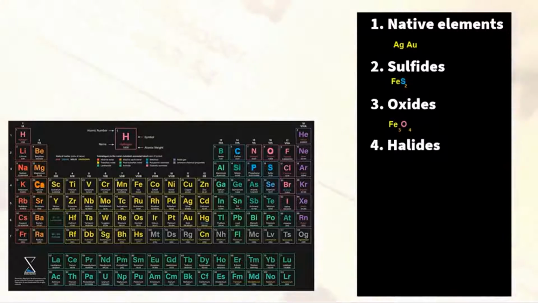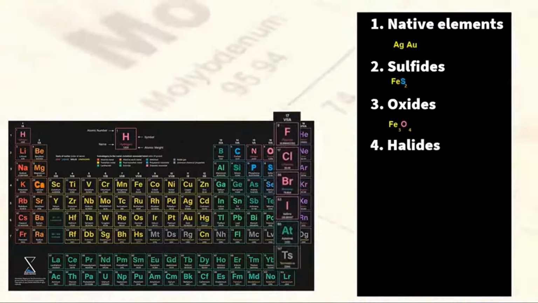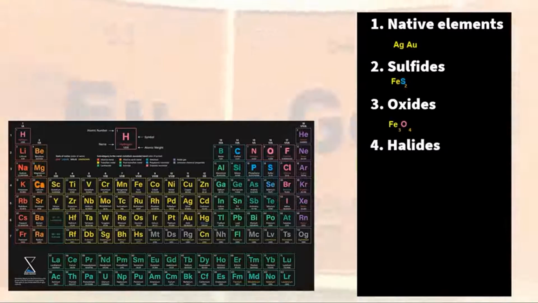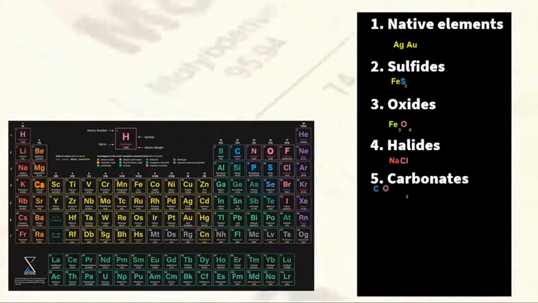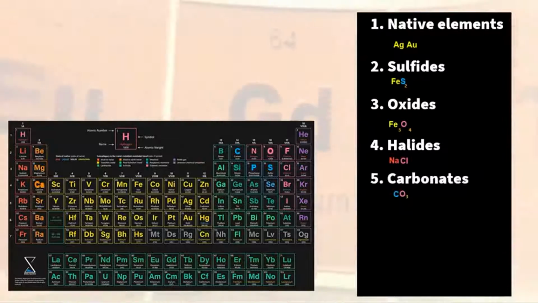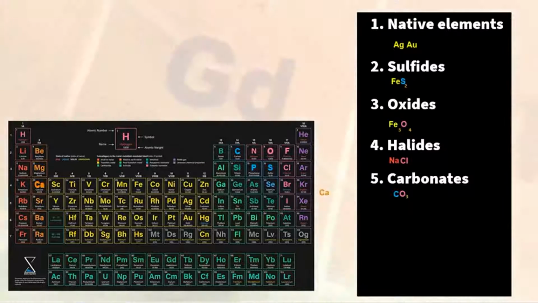Halides are the minerals based on the elements of the seventh group of the periodic table. An example could be sodium chloride or just a regular table salt. Carbonates are the ones with the carbonate radical in a structure. An example is a calcite.